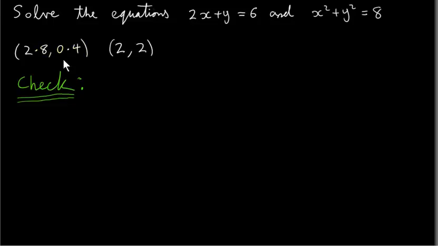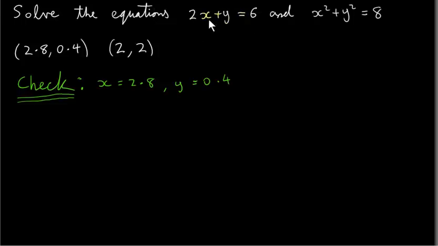Now I want to check that both of these pairs of points satisfy our equations. You normally don't have to do this, but I just want to show you that everything is working out. So let's check the first pair. The first pair is x equals 2.8 and y equals 0.4. So we plug these numbers into each equation.